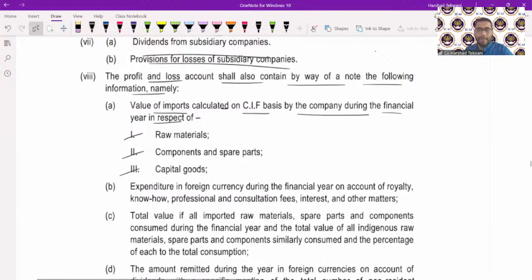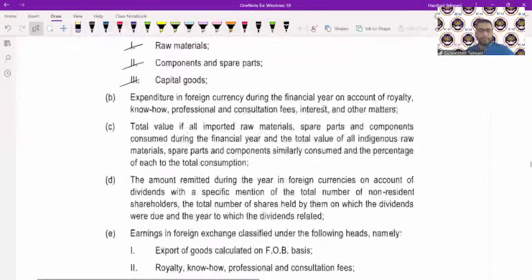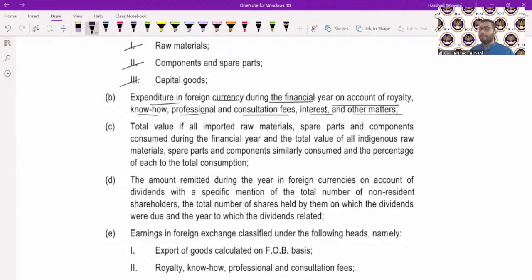Reason: this is an important part to understand how much import has been done during the year. Expenditure in foreign currency during the financial year on account of royalty, technical know-how, professional and consultancy fees, interest and other matters. Reason: it will give you clarity on how much amount the company paid outside India in foreign currency to someone else on these accounts.